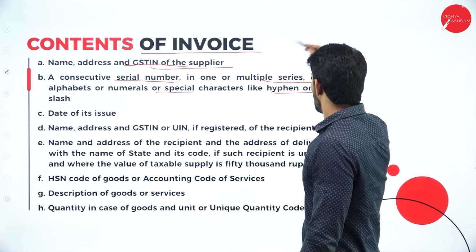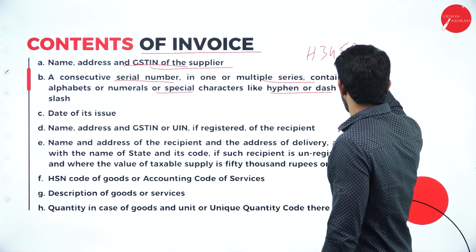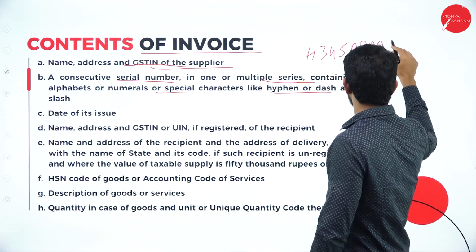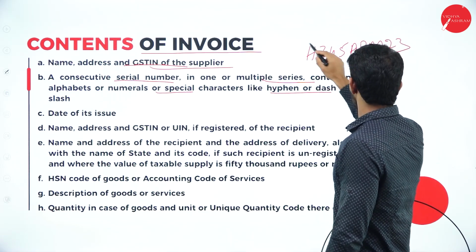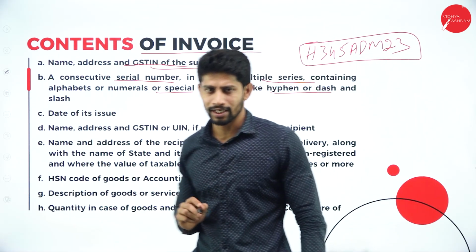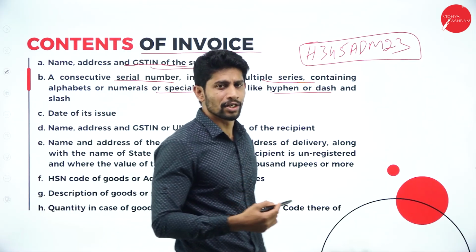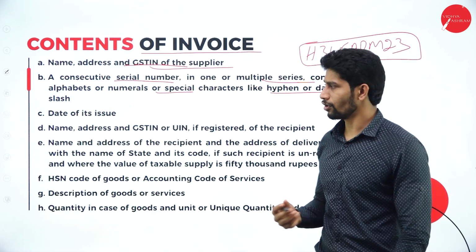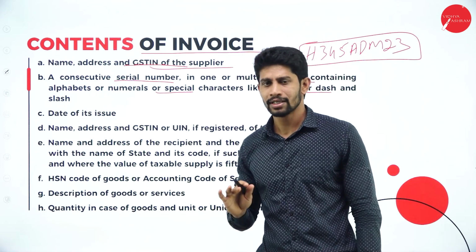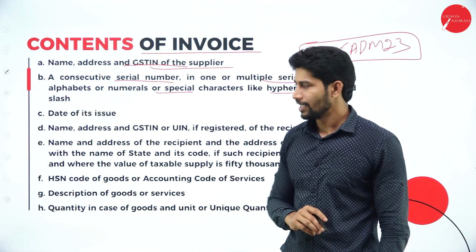For example, H345ADM23. Let us assume this is the number. It is a mix of both alphabetic and numerical characters, and you will find these alphanumerical numbers on the invoice.